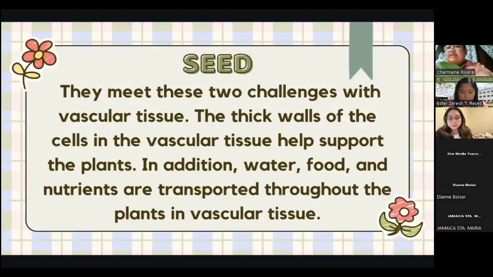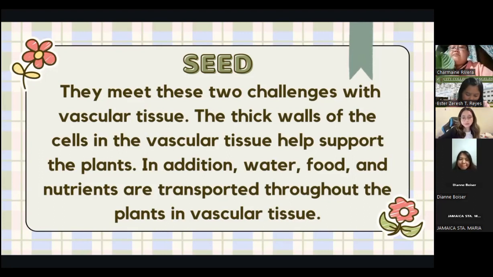Okay, students, are you listening to me a while ago? Yes, teacher. Okay. I have here 6 questions. For the grade 1, what are the basic parts of a plant?